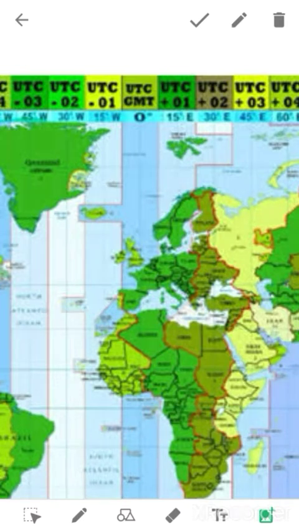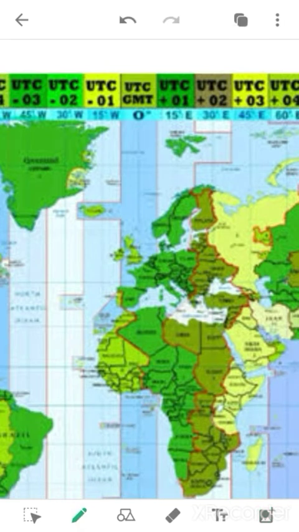Each time zone is 15 degrees of longitude, and the starting point of time zones is the 0 degree prime meridian. Look at this meridian. The 0 degree prime meridian, or 0 degree longitude, or Greenwich meridian, is the starting point for dividing the Earth's surface into time zones.